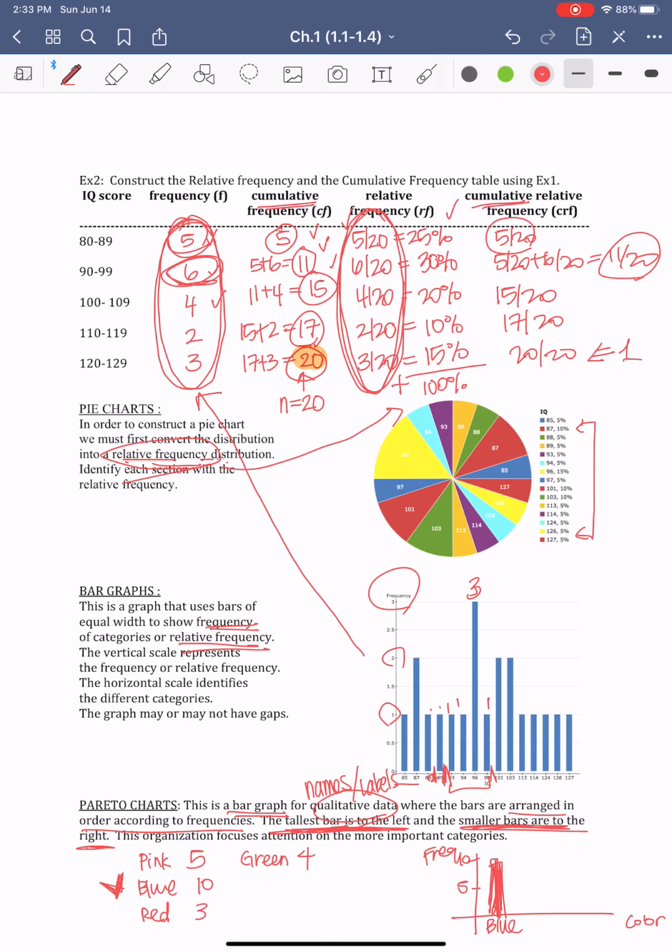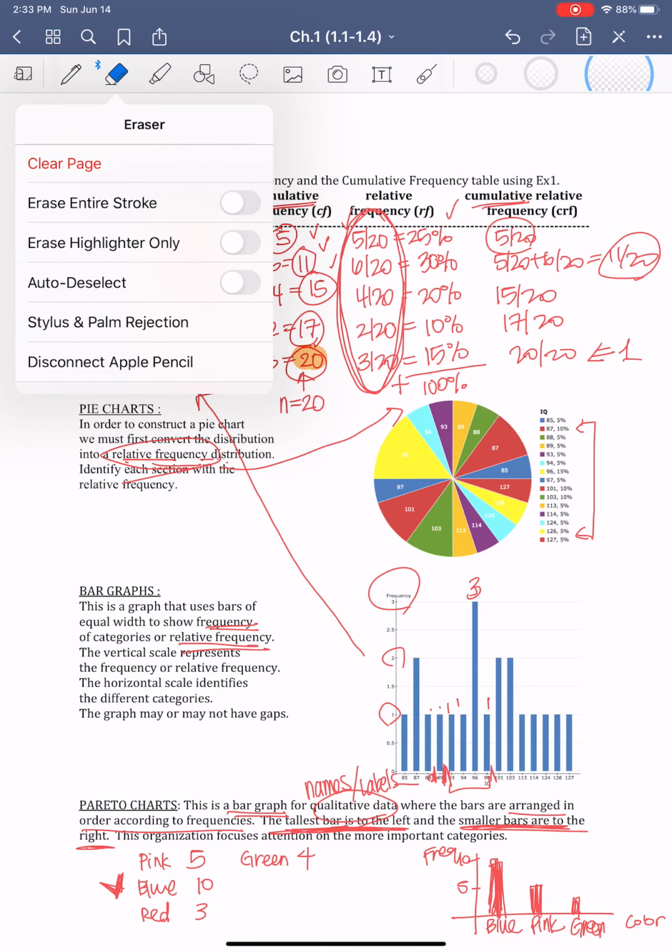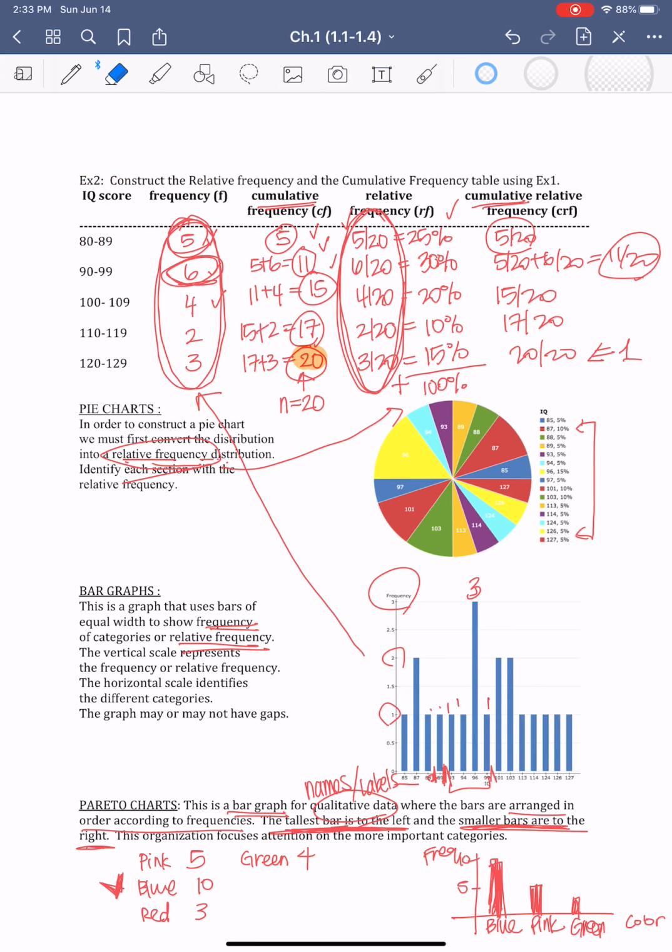The next one is pink, 5. The next one is green, 4. And the last one, which is red. You're going to put the smallest bar over here. So you see the tallest bar, and then a little bit of a decrease.